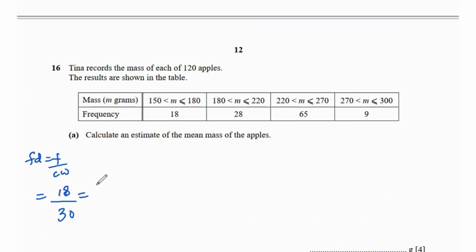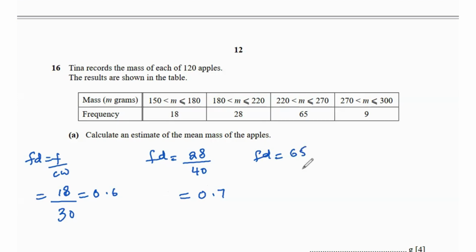So that's going to give us 0.6. Then we have 28 divided by 40, which is 0.7.